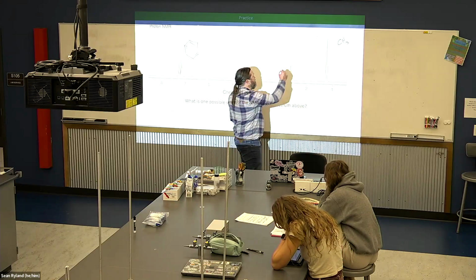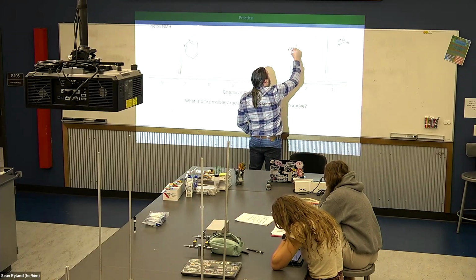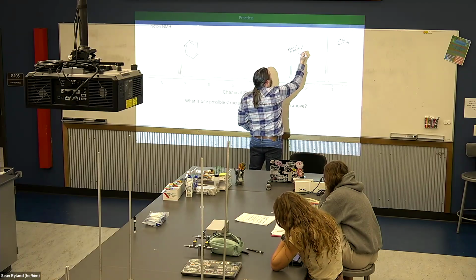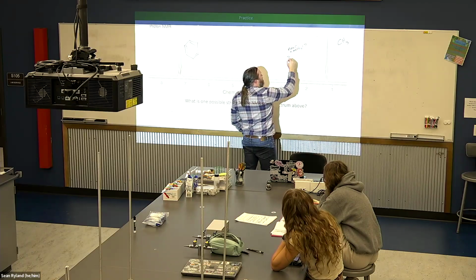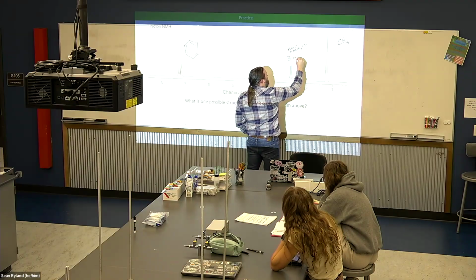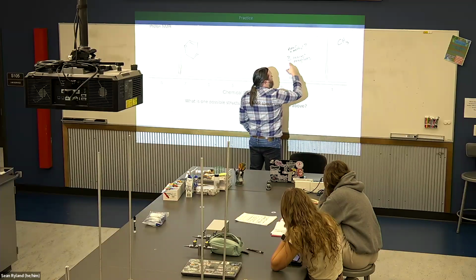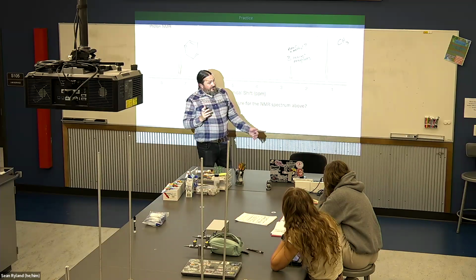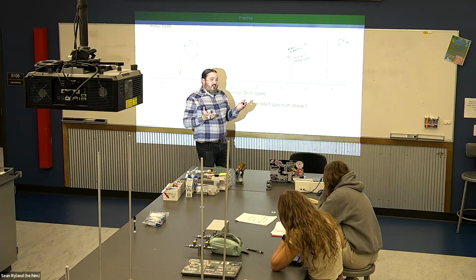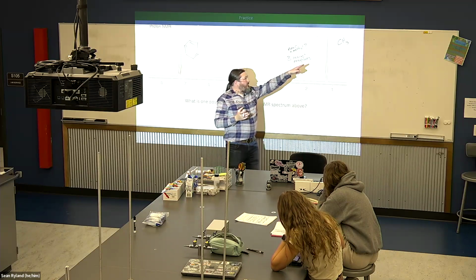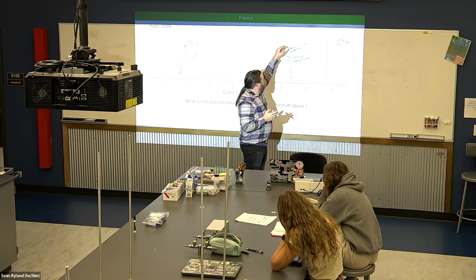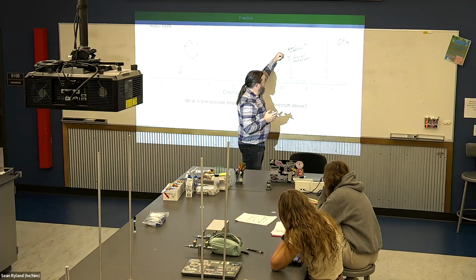It's got 3 nearest neighbors. Anytime you see 3 nearest neighbors, 3 is a really convenient number for it to be a methyl group. We know we have a methyl group. We know we have something with 3 nearest neighbors.